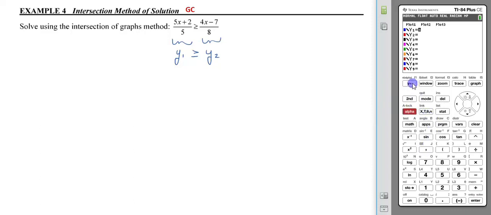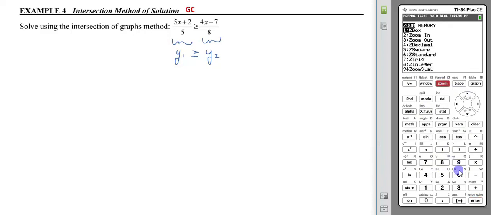You can press alpha y equals to get the fraction menu if you have that operating update. If not, put your entire numerator in parentheses, and then 4x minus 7 over 8 for the second part.